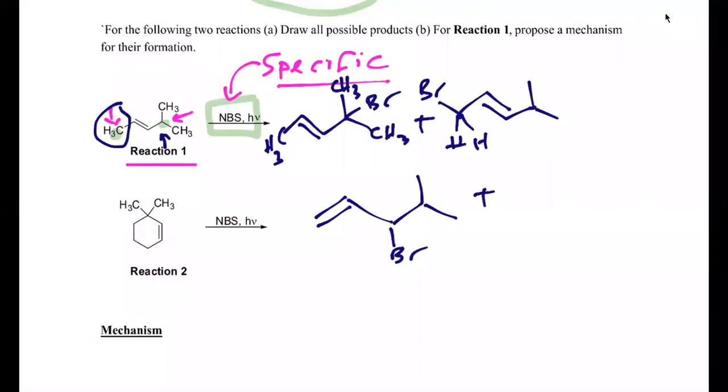The other one is going to look like that. That's my 4th product. And we're going to go through the mechanism step by step and see how each one of those products got formed.